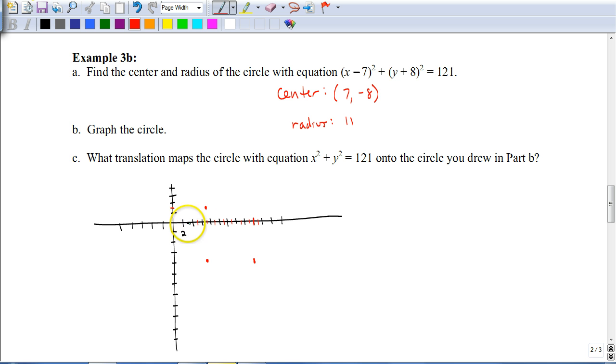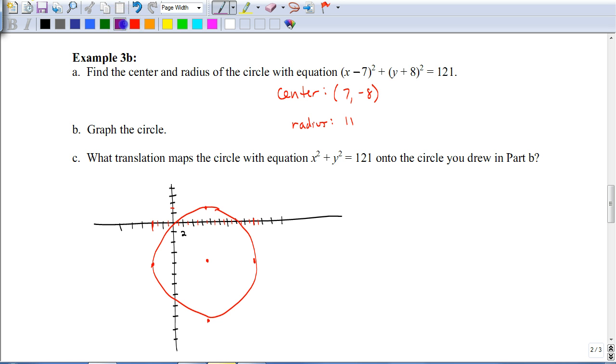So again, 2, 4, 6, 8, 10, 11 would be right here. And then go down 11. 2, 4, 6, 8, 10, 11 would be about right there. But again, you can see my dash marks got kind of spread out at the bottom, but you get the idea. So your circle would look something like that.